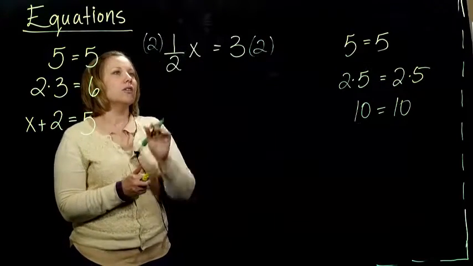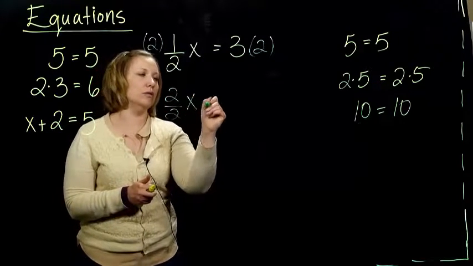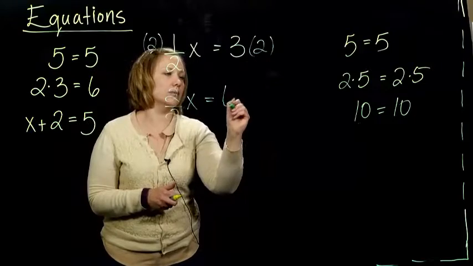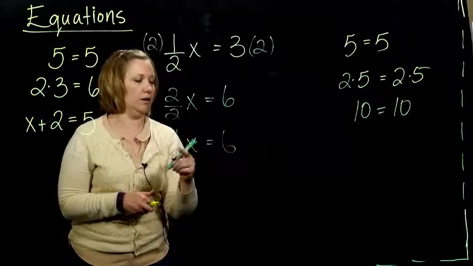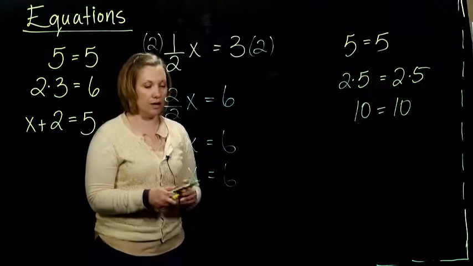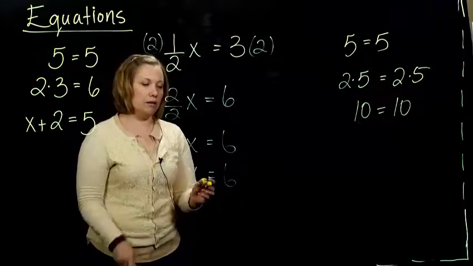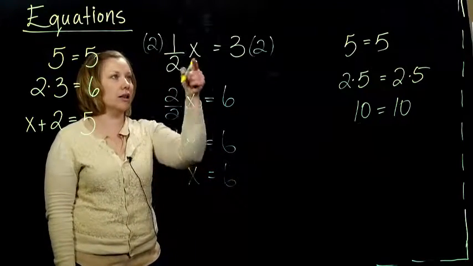So 2 times 1/2 gives me 2 over 2, and 3 times 2 gives me 6. But 2 over 2 is 1, and 1x equals just x. So I get x equals 6. So that means the solution to my equation is just 6.